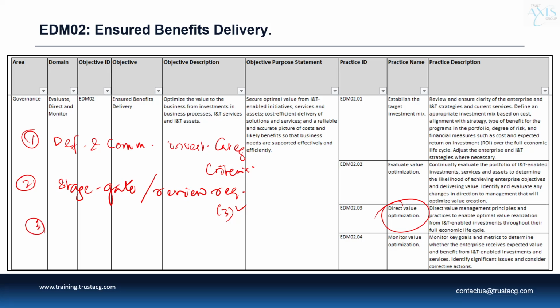Okay. So the other thing that you could possibly do is promotion of your innovation through IT enabled investments. So you must encourage your management to leverage IT to enable new opportunities, enhance the competitiveness, and improve the efficiency.